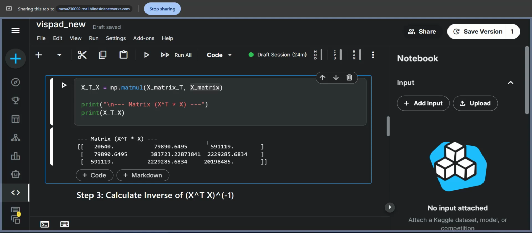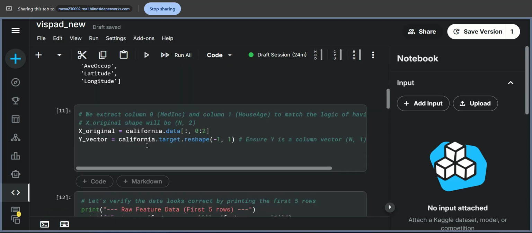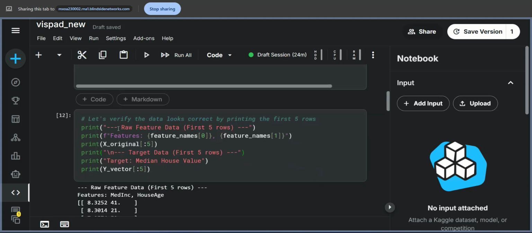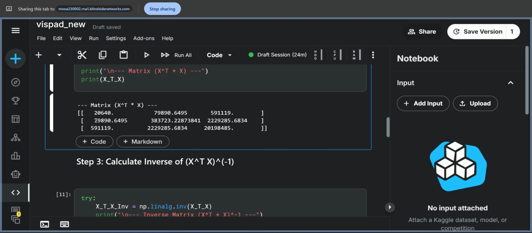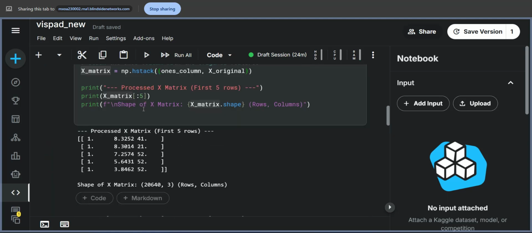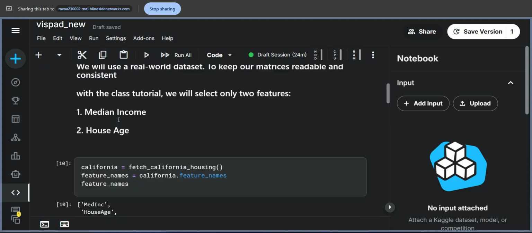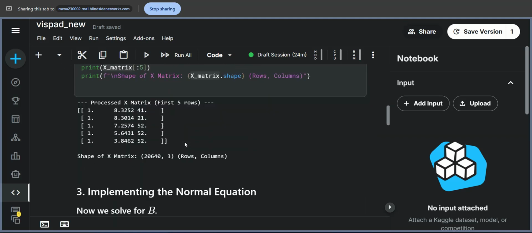If we could track it well, we had our median income, and then our house age, and then the bias over here. If you check here, the last part here is the house age, right?